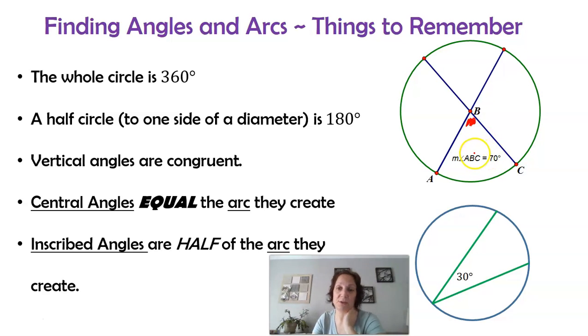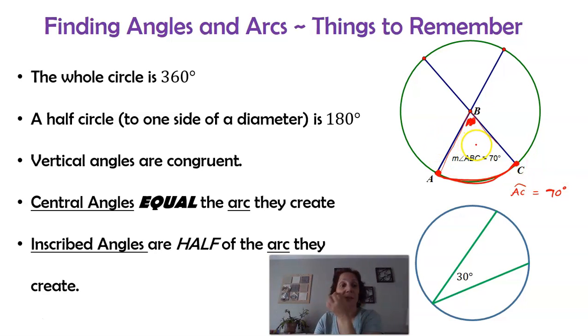We know it's 70 degrees. We were given that it's 70 degrees. If you follow the arms of the angle out, it creates this arc right here, arc AC. So we know that because it's a central angle, this arc, arc AC, is also going to be 70 degrees. When it's a central angle, the arc matches the angle.